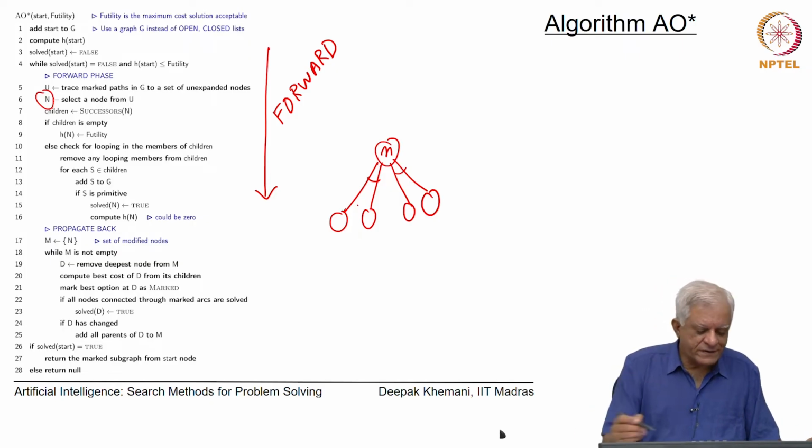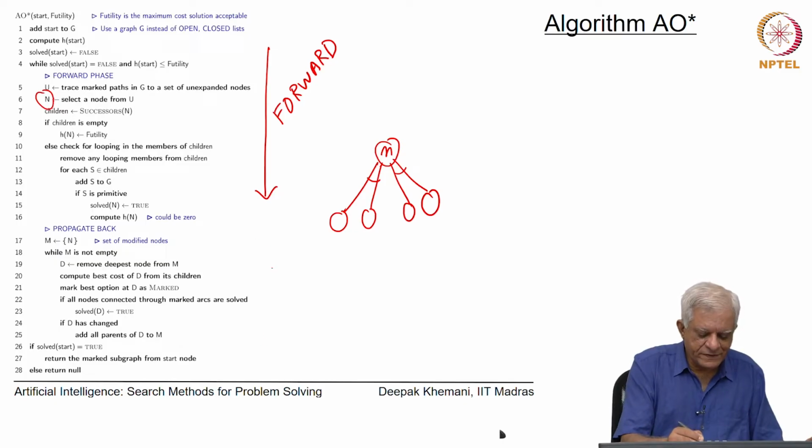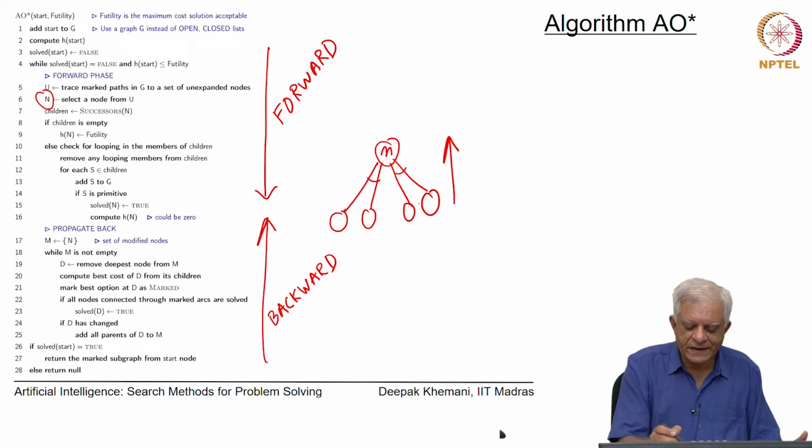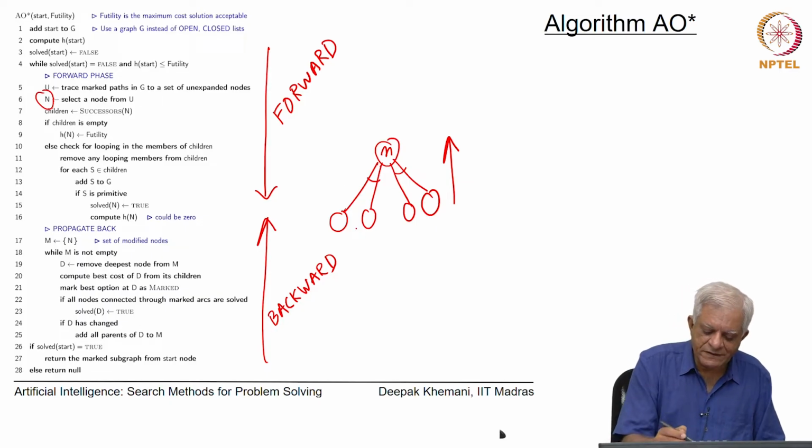In the backward phase, which is here, I am just drawing an arrow upwards to reflect the fact that it is backward. The algorithm of course goes from top to down. In the backward phase, it backs up the values from the children of n. So, first it will decide what are the costs associated with the children.